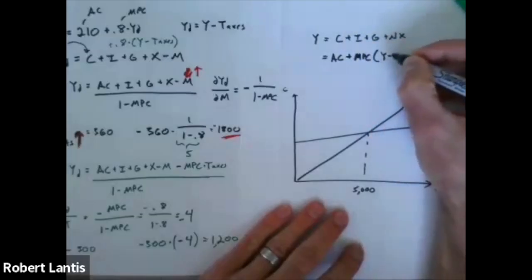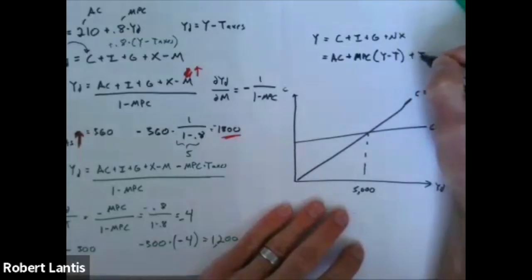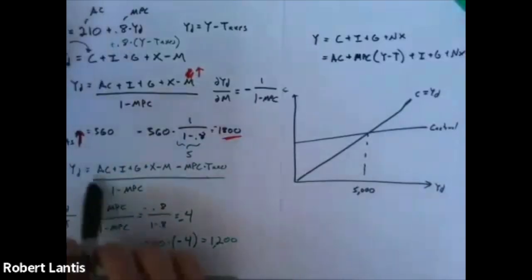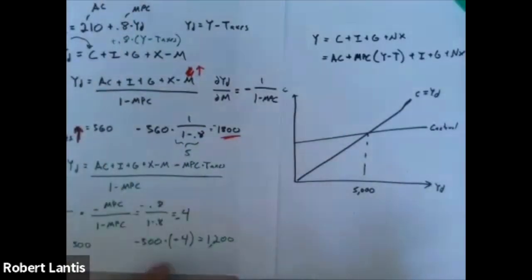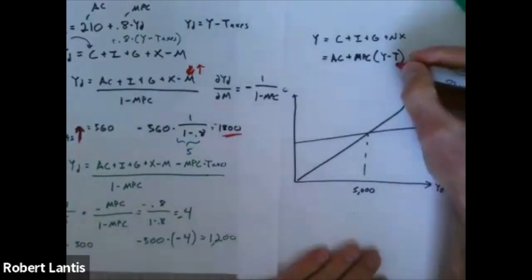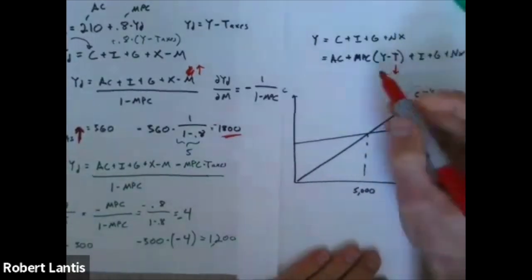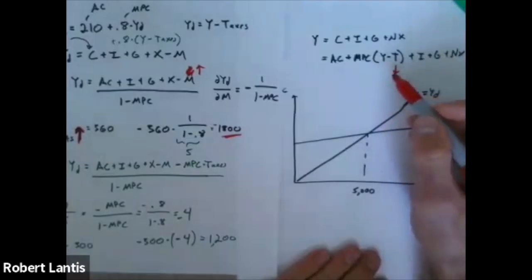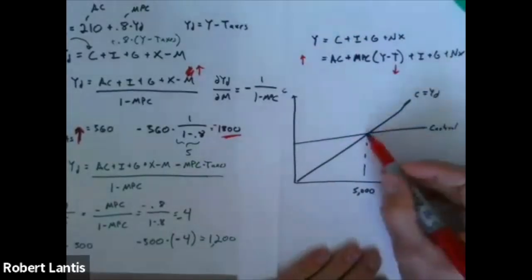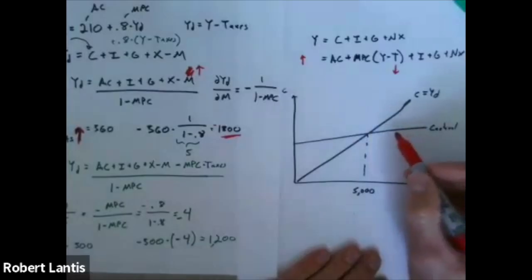But now when we factor in taxes, we had something that looked like this. So if we had a decrease in taxes, like the similar problem, right? So if I lower taxes, I'm subtracting a smaller amount that should increase that real level of GDP I'm looking at or increase that actual consumption.